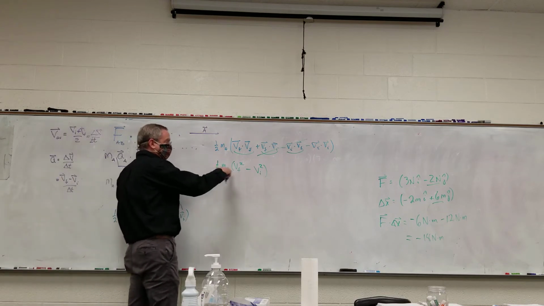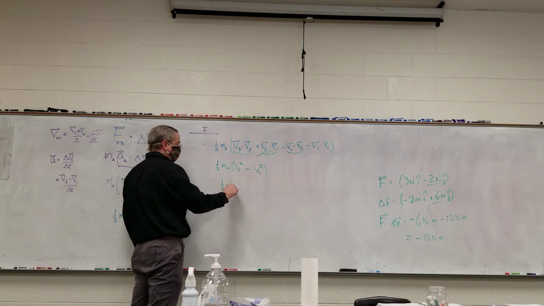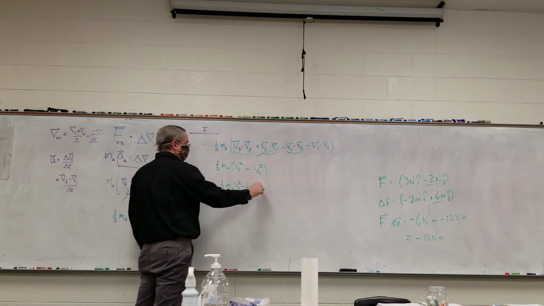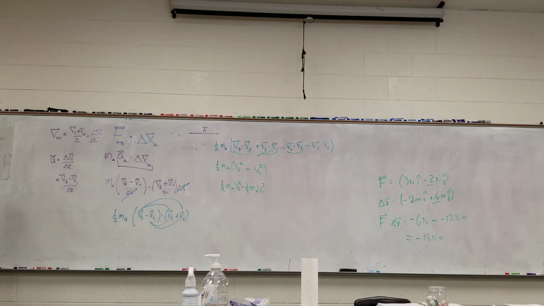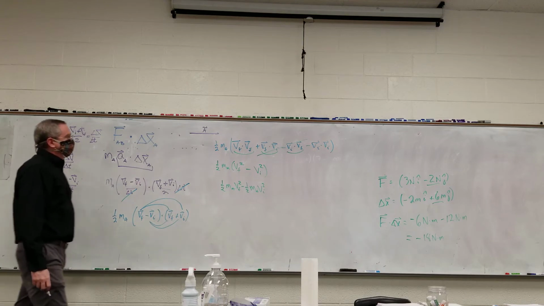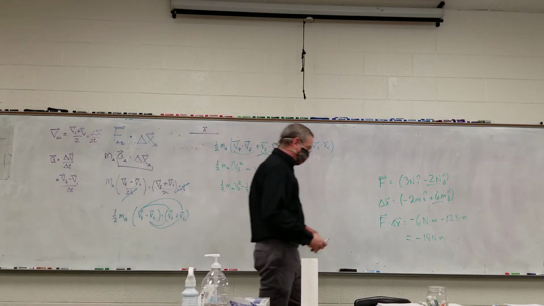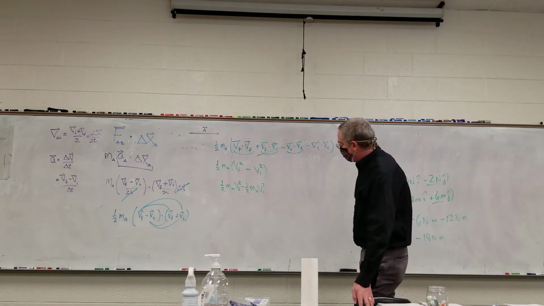I'm going to distribute the 1/2 mass because I know where I'm heading on this. So I get 1/2 MA VF squared minus 1/2 M sub A VI squared. One half MV squared shows up enough that physicists decided to give it a special name or a special symbol.